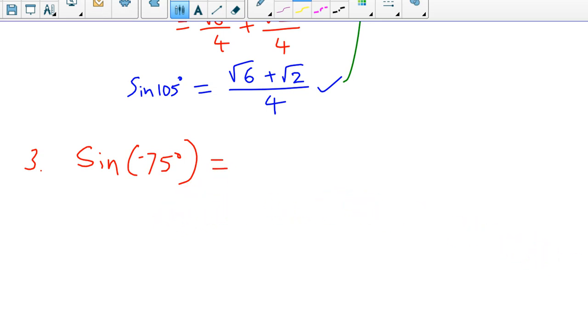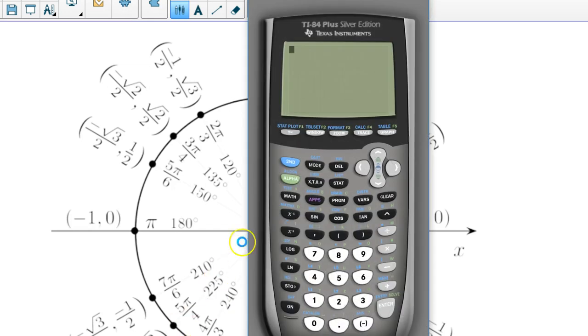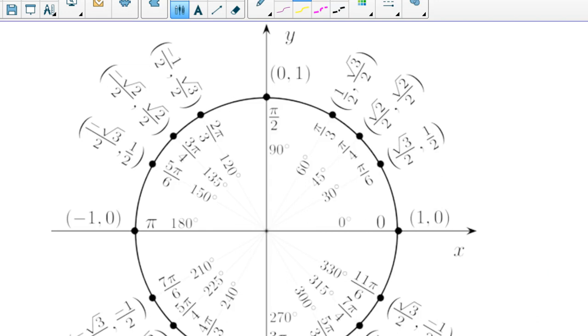Negative 75 from the unit circle, I think the best one is 120 minus 45. The difference between 120 and 45 is 75, right? Let us see. 120 minus 45 is 75. So if you do 45 minus 120, you will get negative 75, right?